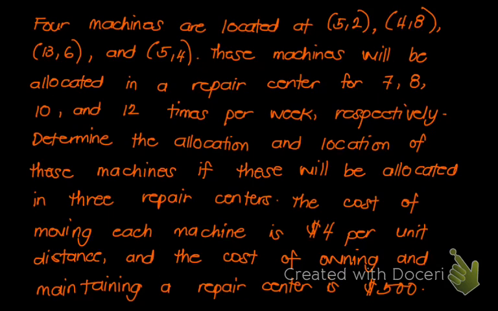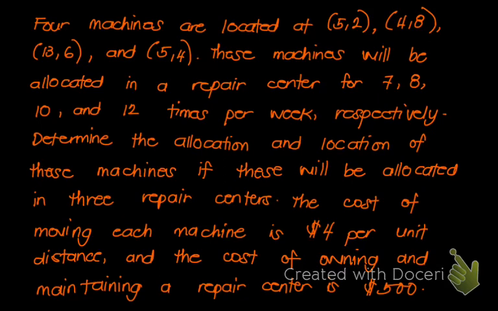Now, the given example here is just the same example we have used in the single facility or the minisum location problem. For machines, these are located at the following coordinate system points, which are (5, 2), (4, 8), (13, 6), and (5, 4), respectively. These machines will be allocated in a repair center for the following frequencies in a week, which is 7, 8, 10, and 12 times per week.